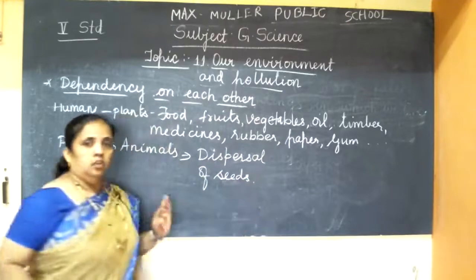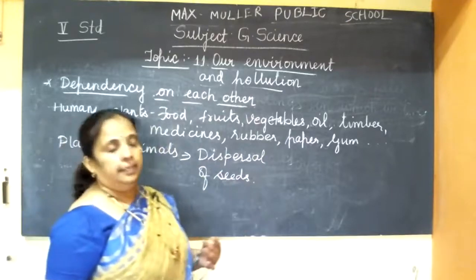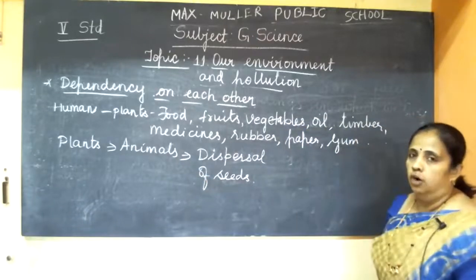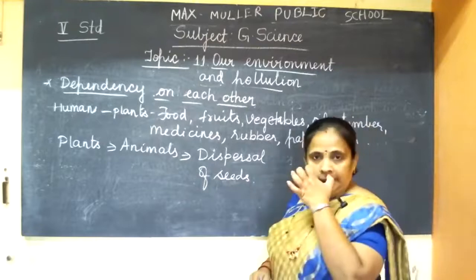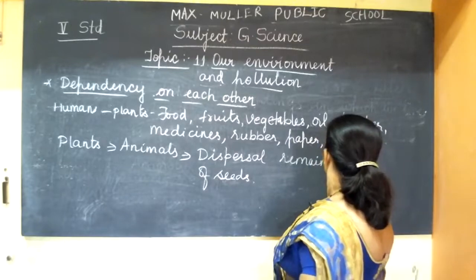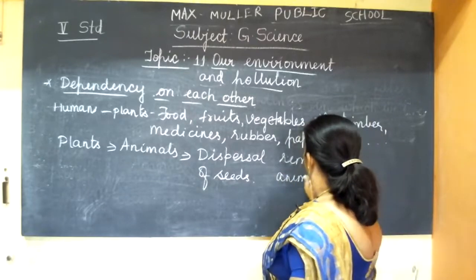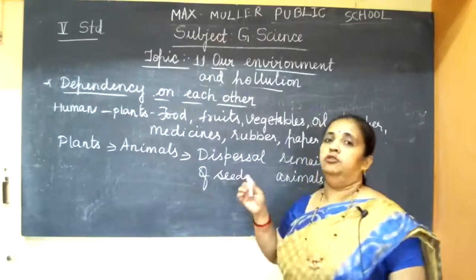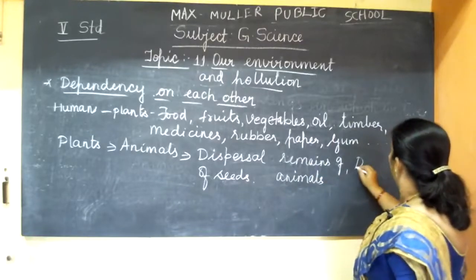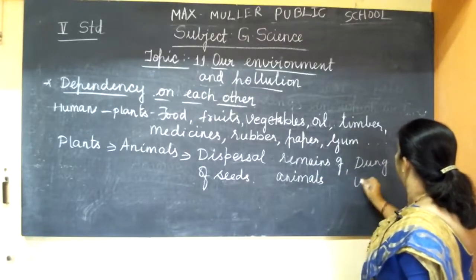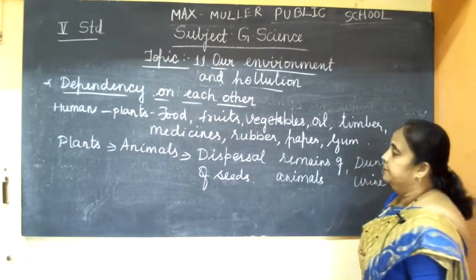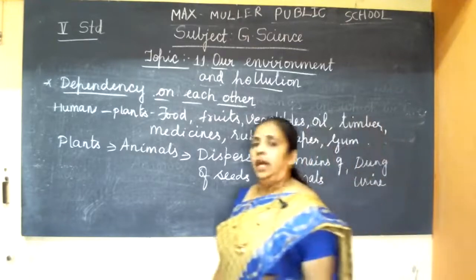You know that animals are also one of the agents by which dispersal of seed is done. Not only that, the remains of animals turn into manure for the plants so that the plant can grow well. Or the cow dung or the urine of animals also acts as fertilizer for the plants. So this way, the plants are dependent on animals.